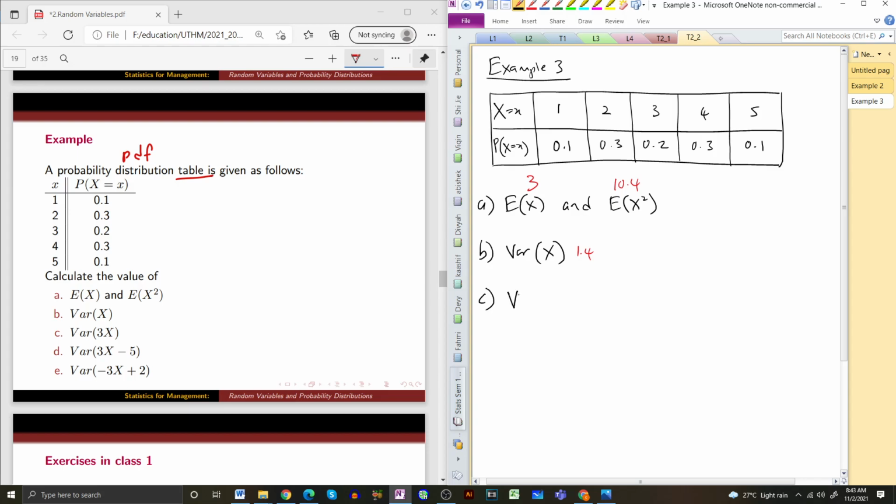So if I want to find the variance of 3x, what would be my a here? This is my a. So normally for variance, what do you have to do? Square it, right? So 3 squared times the variance. Our variance is 1.4, so this is 12.6.